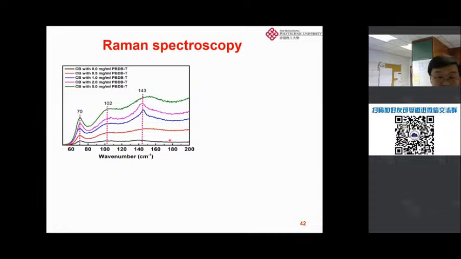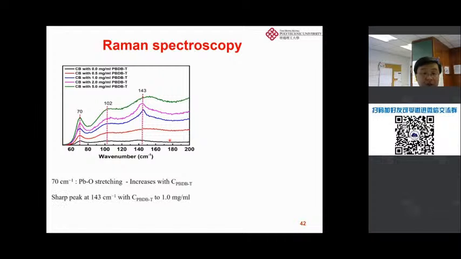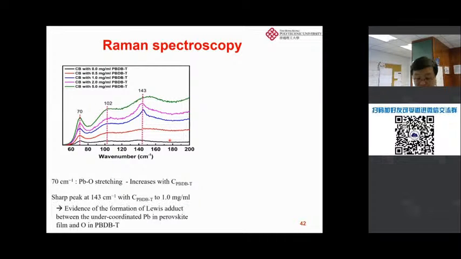For the principle, we use Raman spectra to identify what happens there. What we see here, we are monitoring this peak at about 70 and this peak at 143, which show the lead and oxygen stretching mode.